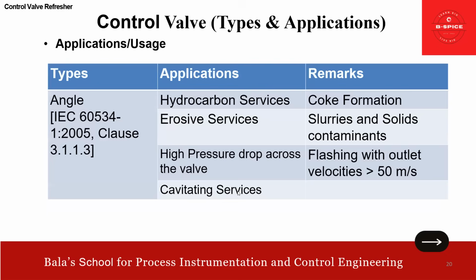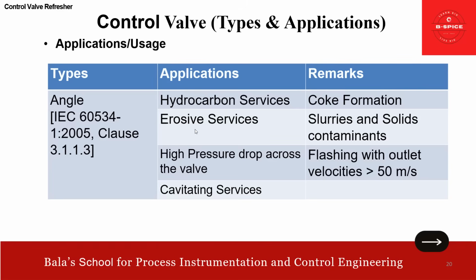Then the angle valve, which is in compliance with IEC 60534-1:2005, clause 3.1.1.3. If you remember the previous slides, we talked about coke formation. The angle valve is deployed where there is a possibility of coke formation, predominantly in hydrocarbon services, typically refineries or petrochemicals.